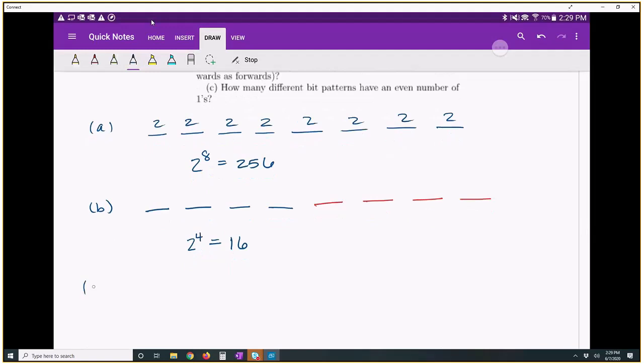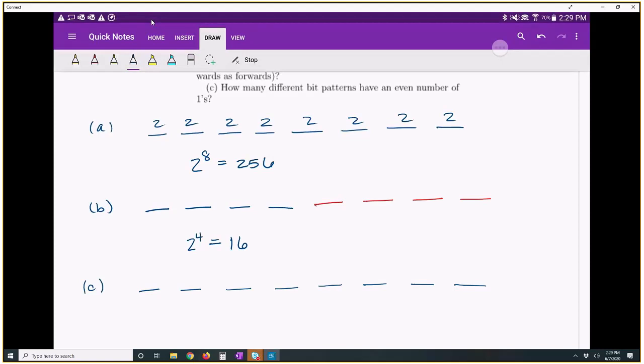And then finally, how many different bit patterns have an even number of ones? So again, I'm going to draw in my bits. 1, 2, 3, 4, 5, 6, 7, 8 of them. And I know that I could have an even number of ones.